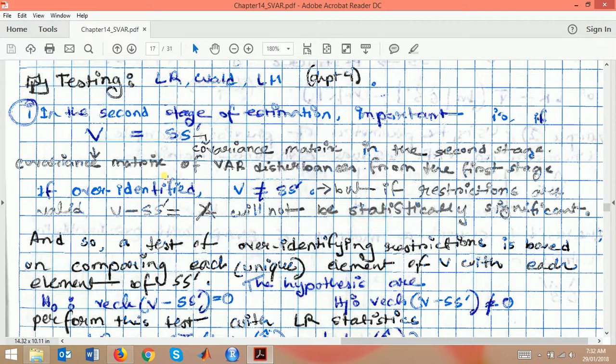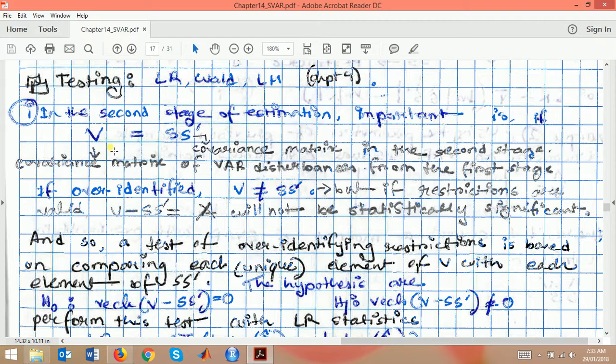If over identified, then this V will not be SS transpose, but if restrictions are valid, then V minus SS transpose will not be statistically significant. So a test of over identifying restrictions is based on comparing each element of the variance covariance matrix with each element of SS transpose.